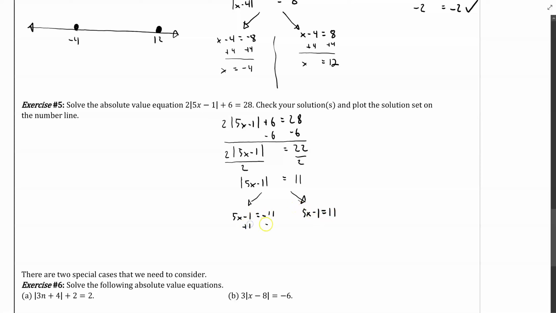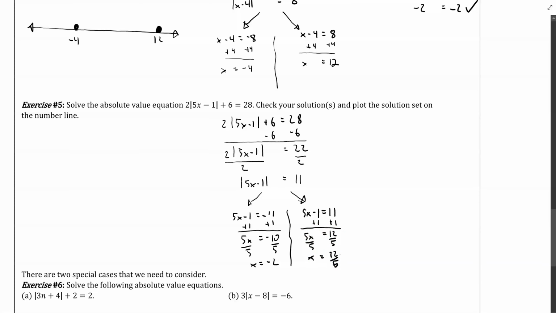Adding 1 to both sides gives us 5x equals negative 10. Dividing both sides by 5 gives us x equals negative 2. Okay, that's our first scenario. Second scenario, the work is going to be really similar, giving us 5x equals 12, and then dividing both sides by 5 gives us x equals 12 over 5.